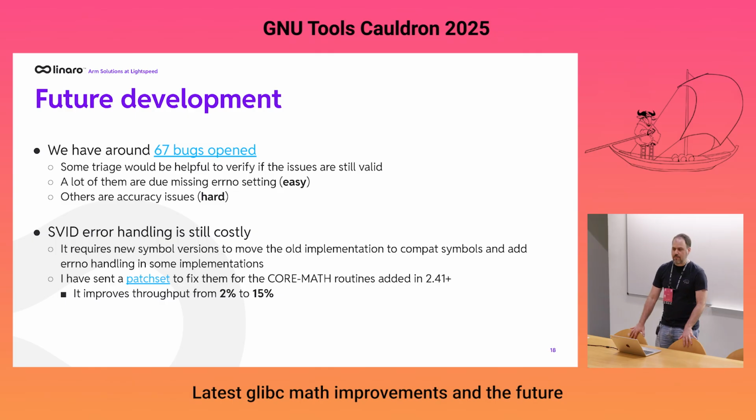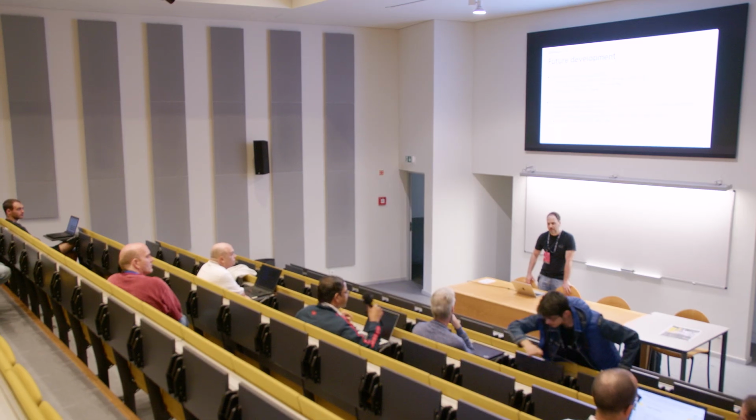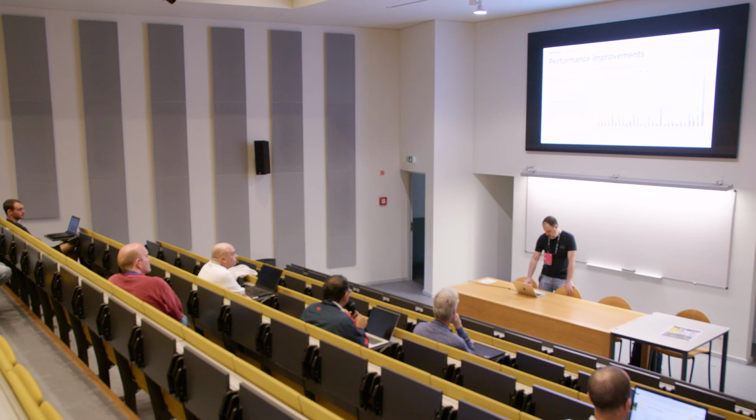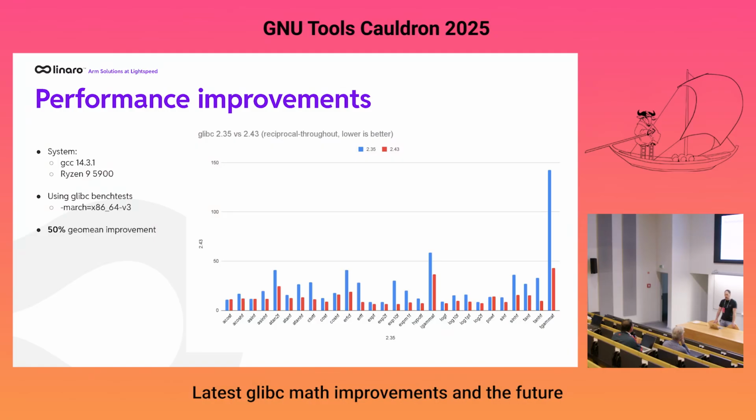So this is the part where I don't actually have straight answers. Oh, go ahead. It was on Zen 3, I understand, but did you try an emulation for AVX-512? No, the thing is, most of this implementation does not use vectorized instructions. What we are getting from x86 version 3 here is instructions like FMA, square root, and new rounding modes. We do have the libmvec. Go ahead, Fran.